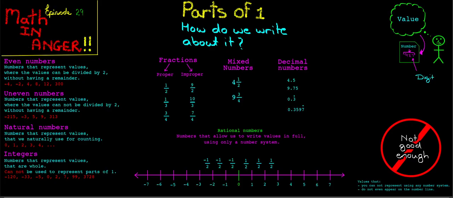But before we do that, I want to bring your attention back to what we were thinking of in previous episodes, right? You know that we have the integers. The natural numbers are part of the integers. The uneven numbers are part of the integers. The even numbers are part of the integers.